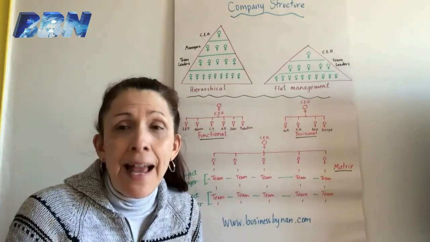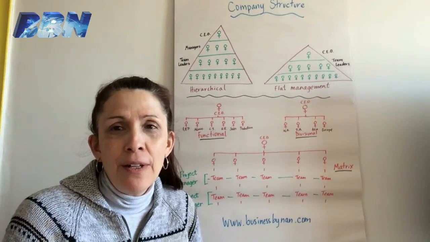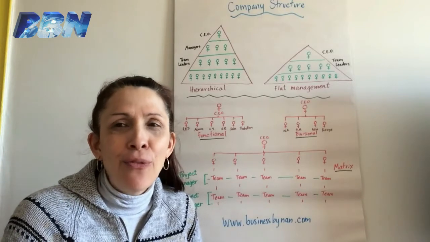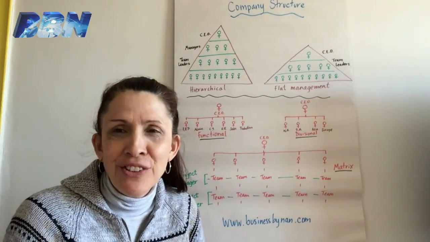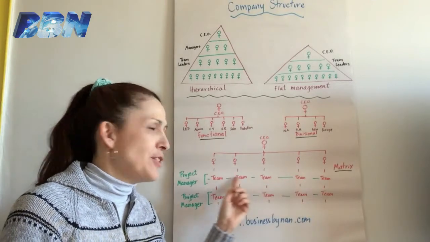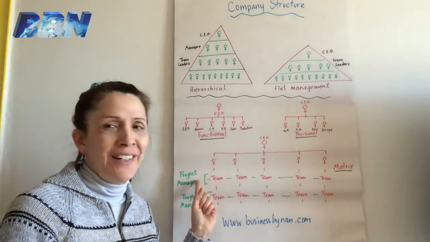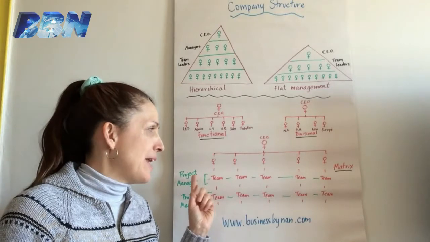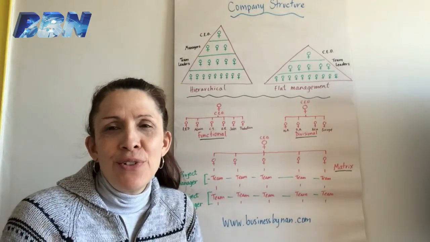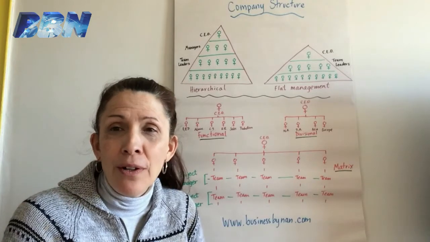I have a friend right now who's a project manager, but it's an ad hoc arrangement, meaning it's only for a couple months. It's a short-term project. So yes, she has all these people that report to her, but at the same time, they're also going to report to their supervisor.